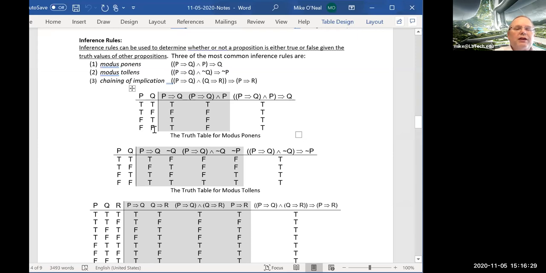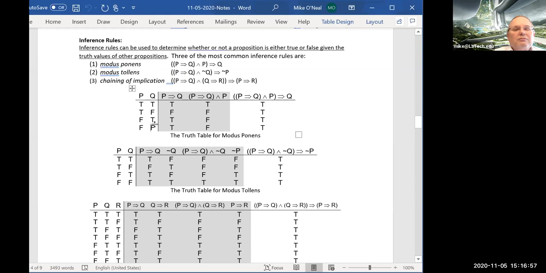Maybe Josh plays Halo at places other than his house. It didn't say the only place Josh plays Halo is at home. It said if he's home, he's playing Halo. But maybe Josh also likes to play Halo at his buddy Chris's house, right? So if the if statement is true, but the premise is false, I cannot conclude anything about Q.